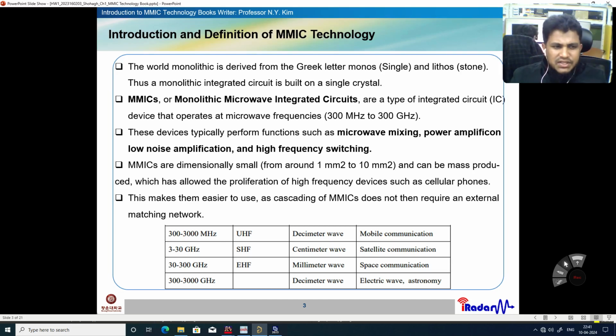This makes it easier to cascade the MMIC and external matching networks. Here I mention the frequency ranges used for mobile communication and satellite communications. All are wide band and high microwave frequency.